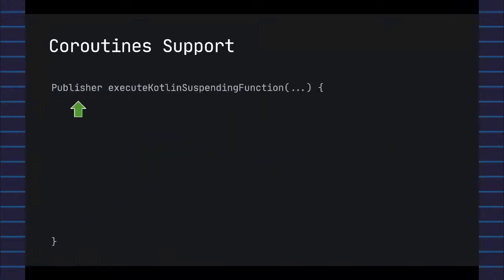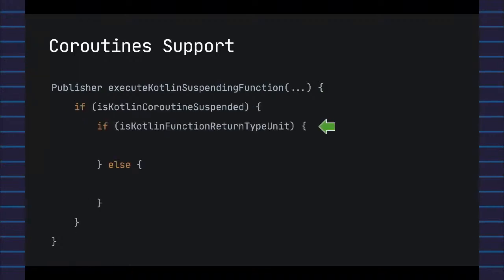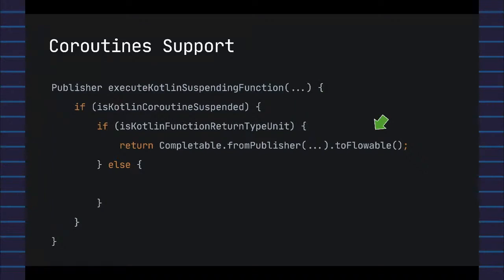So how does it configure or handle that suspending method? In that use case, it sets up a publisher. It looks at your suspending method and checks, is your suspending method actually returning a type? If you are returning a type, then it creates a publisher from a completable. Thus it creates a flowable by utilizing this approach from a completable.